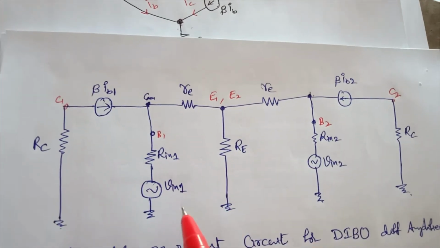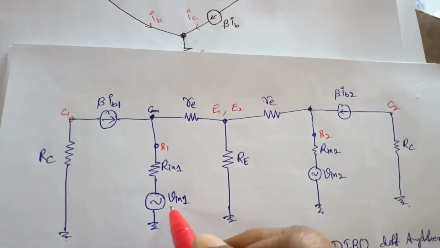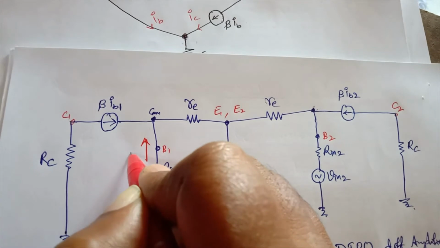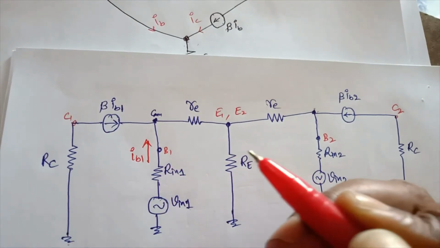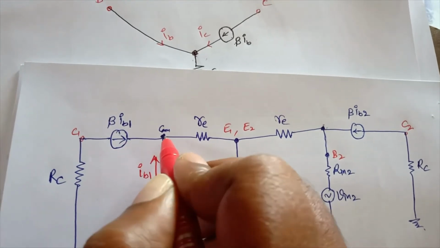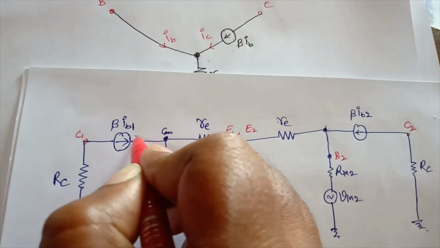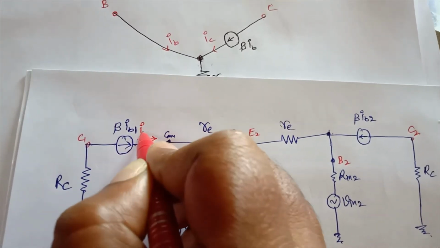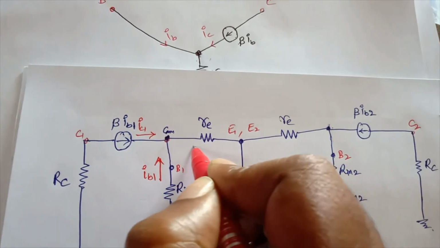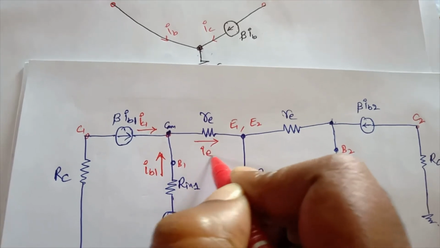Now take the currents. Here we have the source, therefore the current flows like this. At the base terminal the current is represented as IB1, and then here we get the IC current like this. This is IC1, and IC1 and IB1 combine at this point, and we get the current IE1.